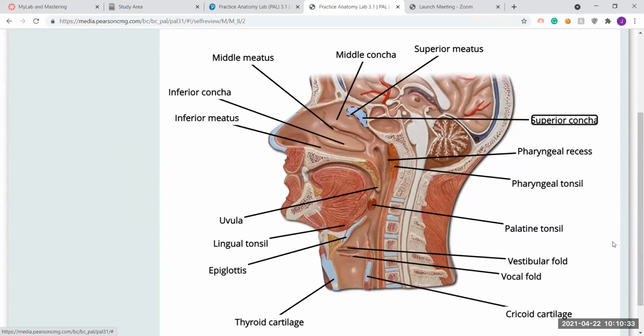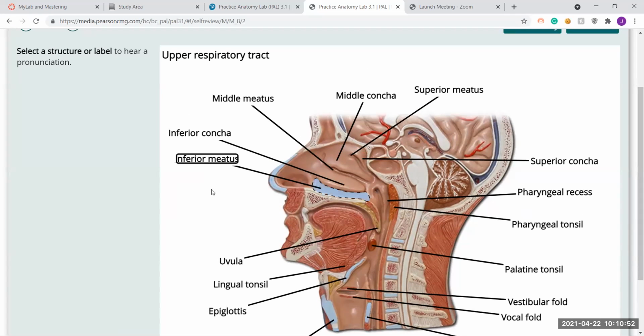These are the upper respiratory tract structures. Some more structures in the larynx you can see here: the epiglottis, the vestibular fold, the vocal fold, and then the thyroid cartilage and cricoid cartilage.